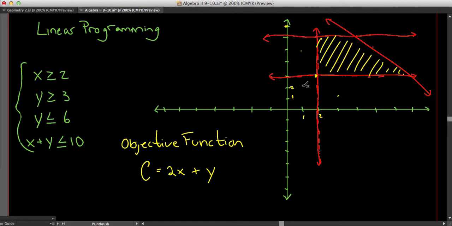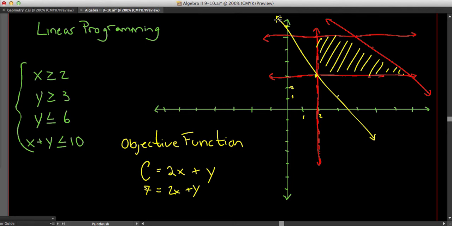So if our y-intercept is 7, that means our c value is going to be 7, and we can rewrite this equation as a minimum function: 7 equals 2x plus y. And if we were to draw a line through these points, that would be representative of that minimum linear function.